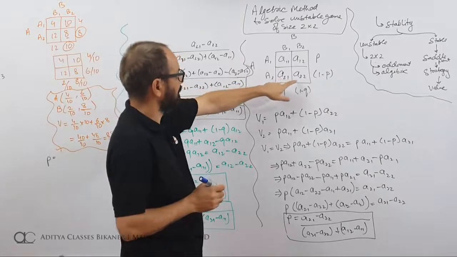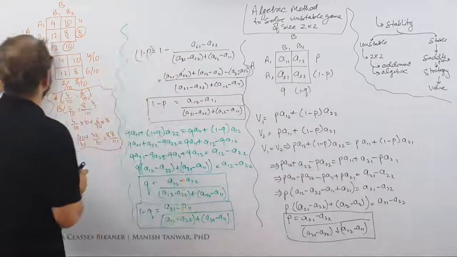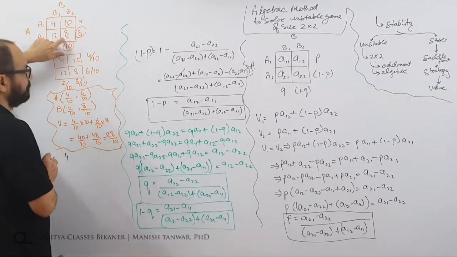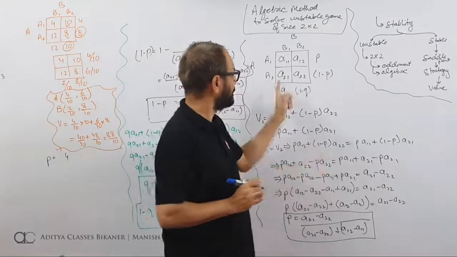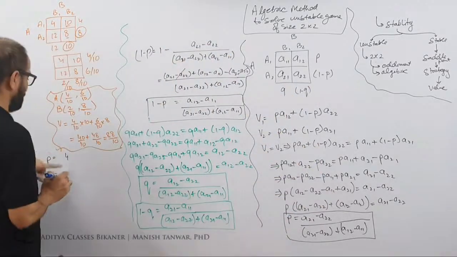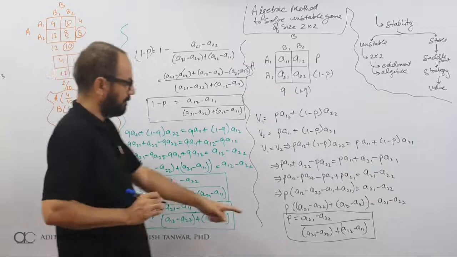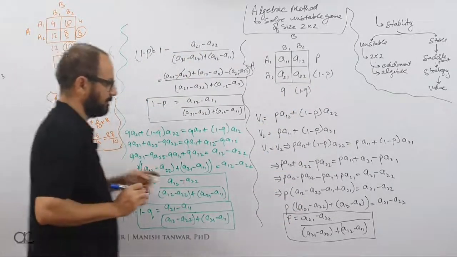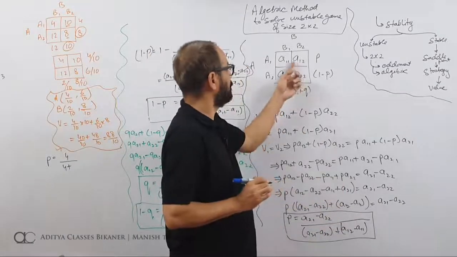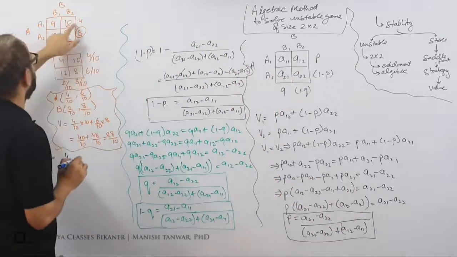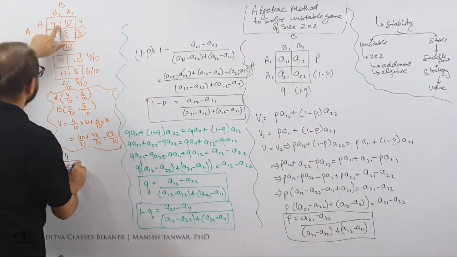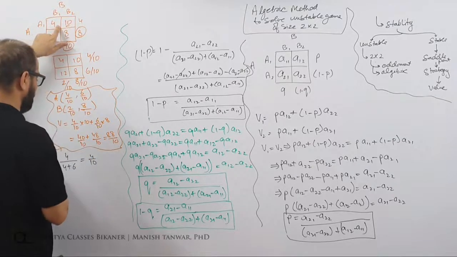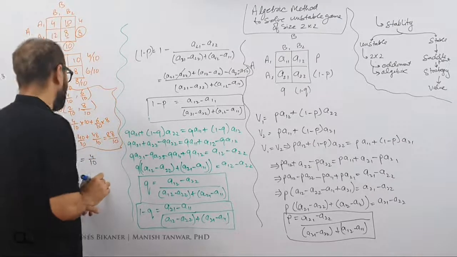A21 minus A22, 12 minus 8, giving me 4, plus 12 minus 11, that is 10 minus 4, which is 6, giving me 4 by 10. P is 4 by 10.